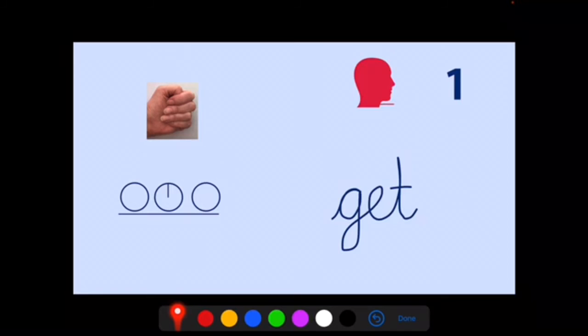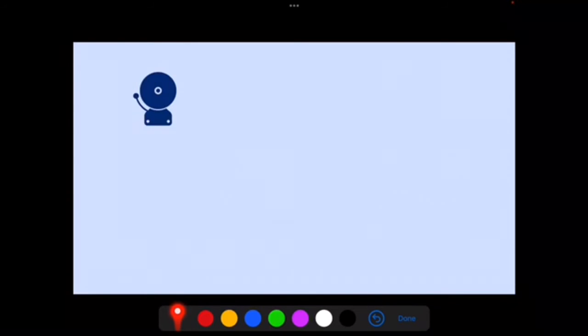Let's have a think about another really commonly used word. Begin. We have a bell to ring to tell us to begin. How many syllables can we hear? Begin. Yep, there were two. Let's think about the sounds.